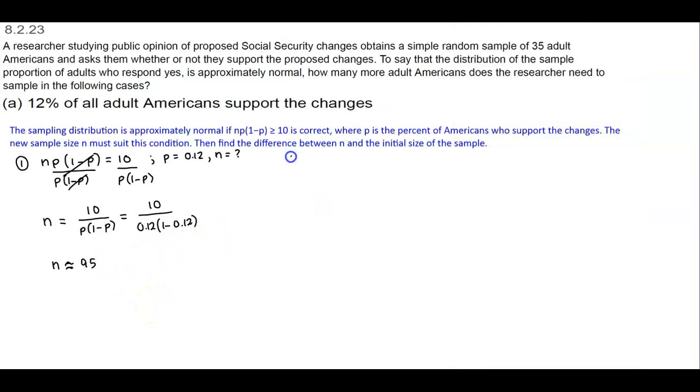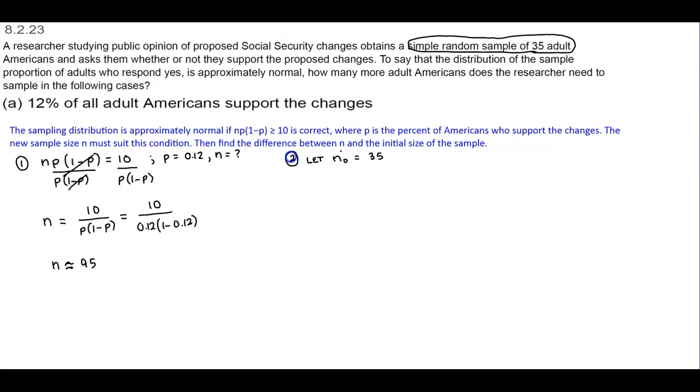Now we need to find the difference between n and the initial size. The initial size is given as 35 adults. So we're going to call the initial size n subscript 0, and that's going to equal 35.